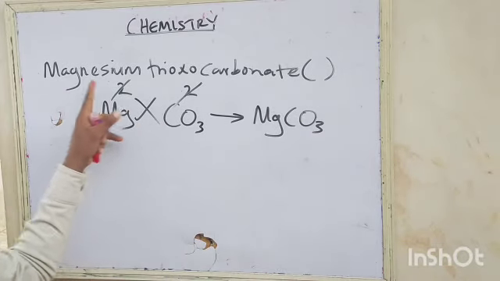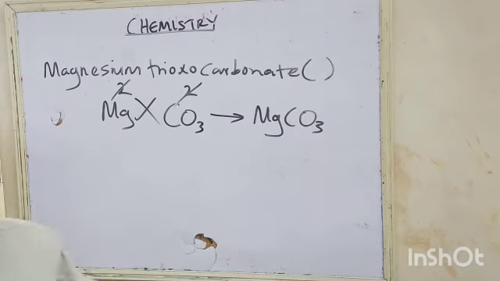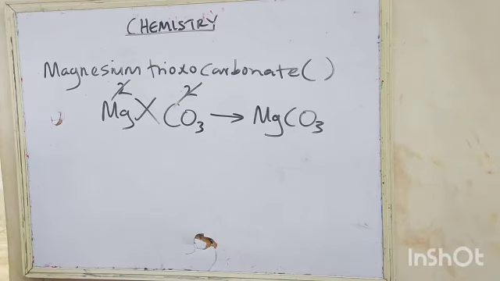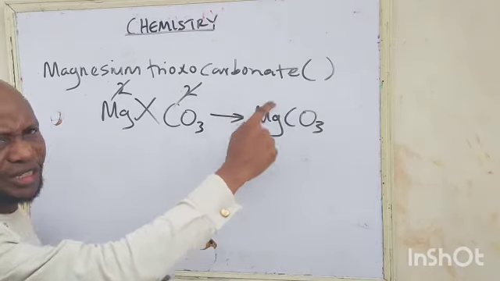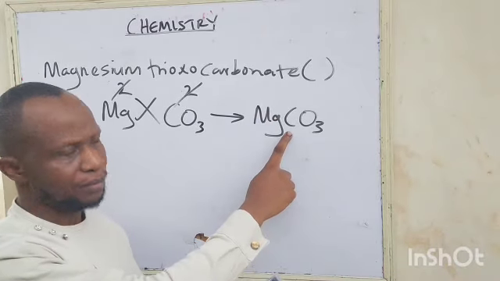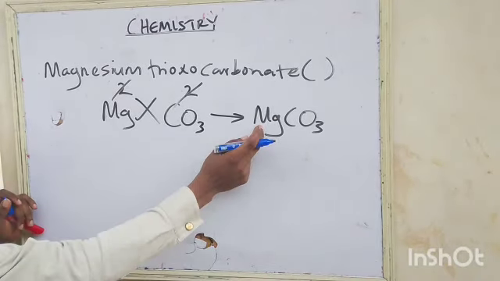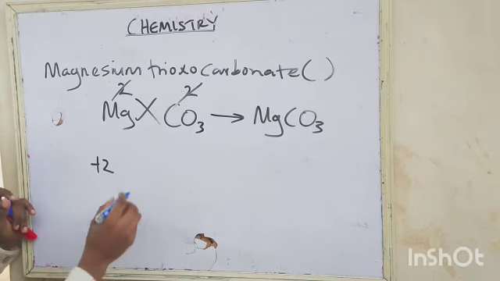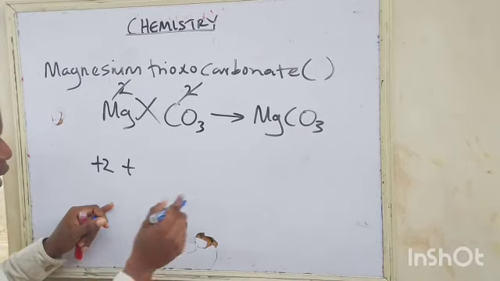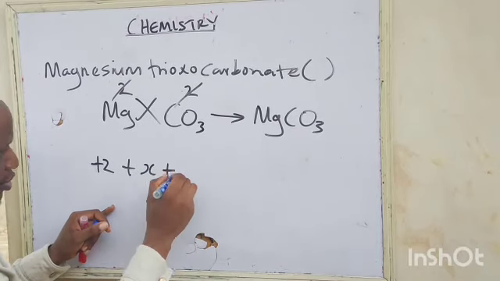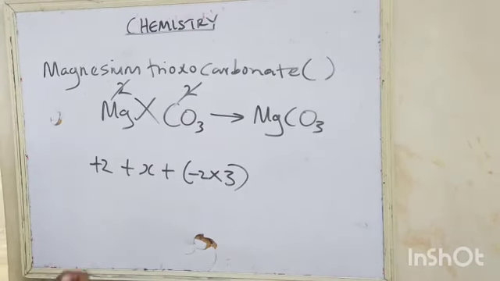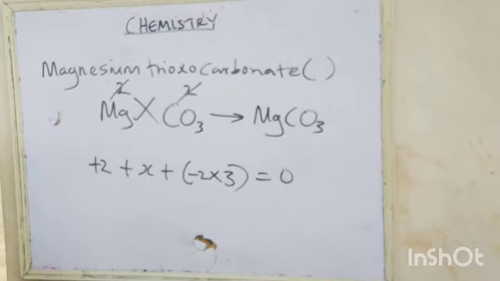But now the correct IUPAC naming is what? That's what we calculate from your molecular formula. Now calculating, carbon is the center element here. Magnesium is in group 2, so the oxidation number is +2, plus carbon, X, plus oxygen is -2. We have 3 oxygen, all equal 0.